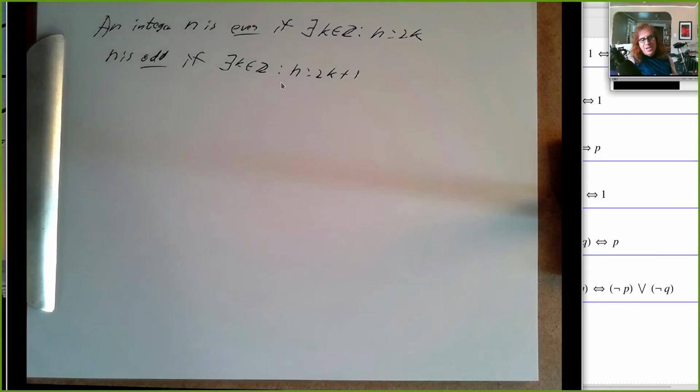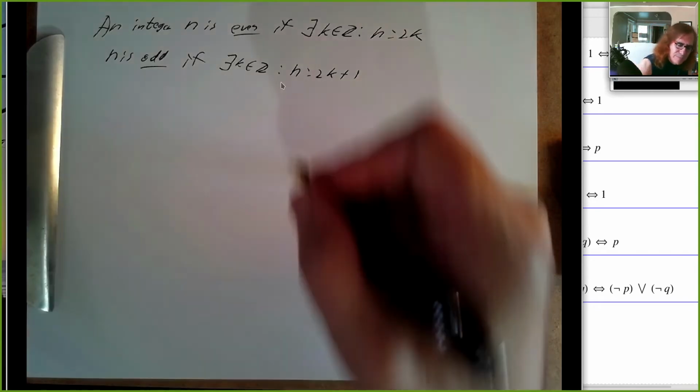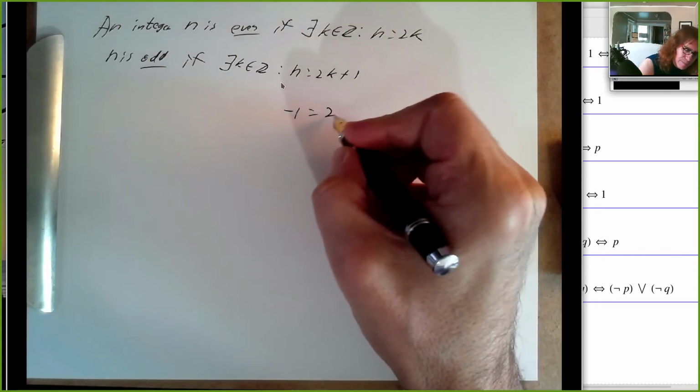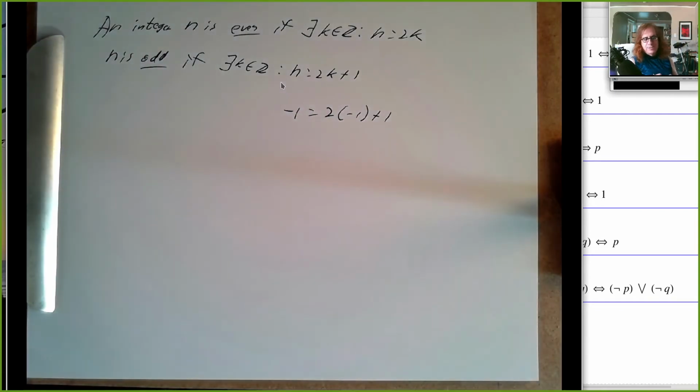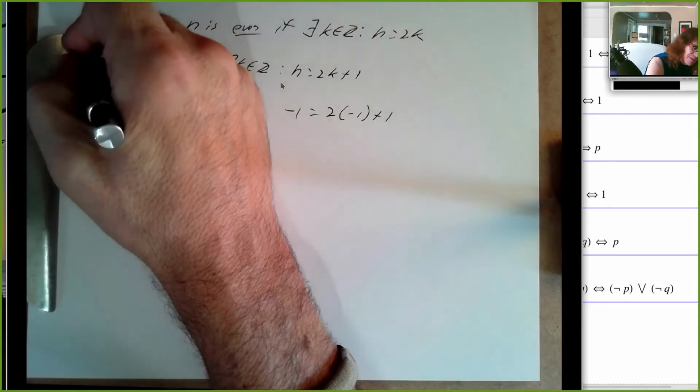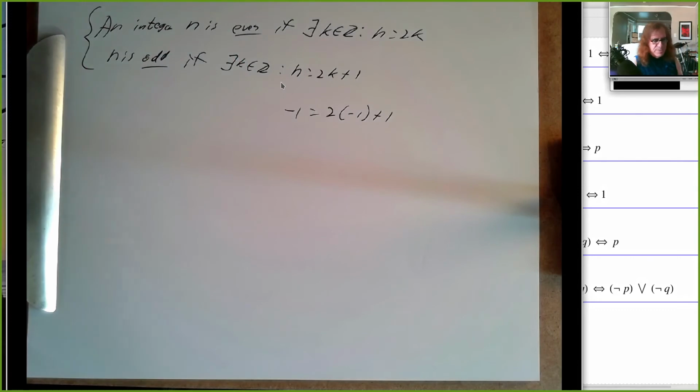And negative 1 is odd because it's 2 times negative 1 plus 1. Right, so negative 1 is odd. Positive 1 is odd because it's 2 times 0 plus 1. So these are our definitions that we're going to use for even and odd. And we're going to do some formal proofs with this.